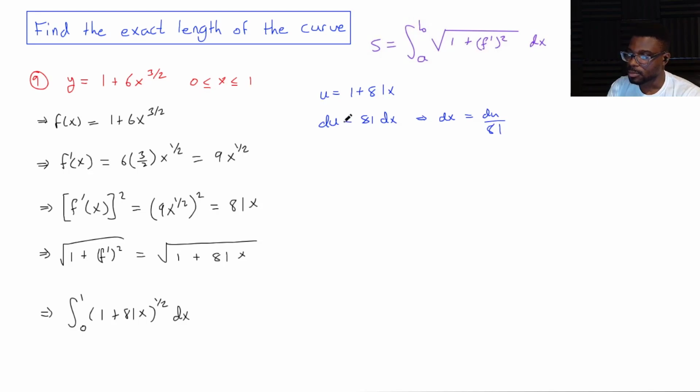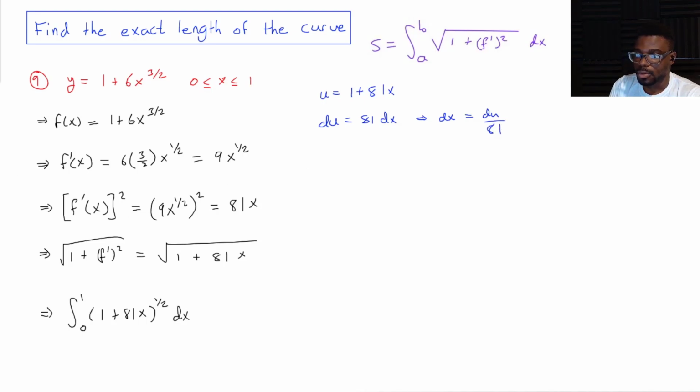And now we can make these substitutions. Right, so we can rewrite this integral. Instead of using 1 plus 81x, we can write u to the power of 1/2. And instead of dx, we can write du divided by 81.